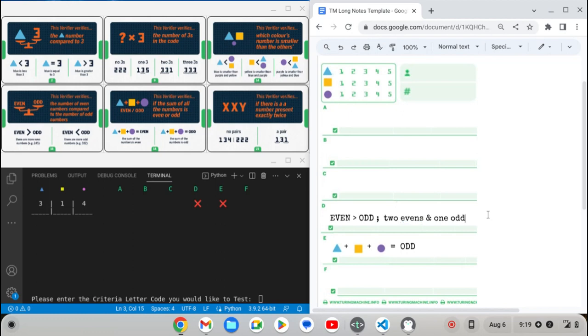Okay, so these two cards in combination already give us a head start, so to speak, in how the solution's going to look like. So two evens and an odd. And notice that if we look at criteria card F, we can see, are those evens paired up, or are they all distinct? So let's go ahead and test criteria card F.